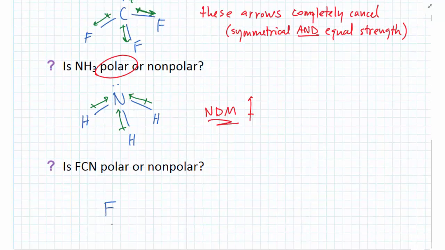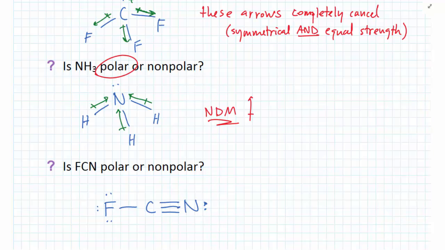What shape is FCN? FCN is linear. That's important. No dots on that C. You can draw the dots on the F and the N. Okay? But no dots on that C. There would have to be dots there to make it bent.